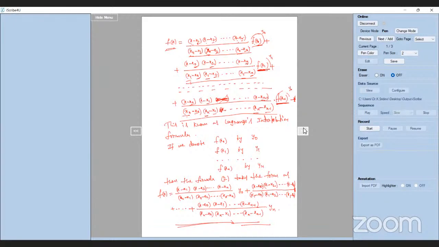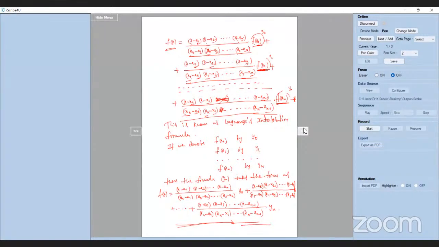So now here you can observe one thing. The accuracy of Lagrange's interpolation formula is the same as that of Newton divided difference interpolation formula, which we have discussed in the previous class. But what is the difference between them?